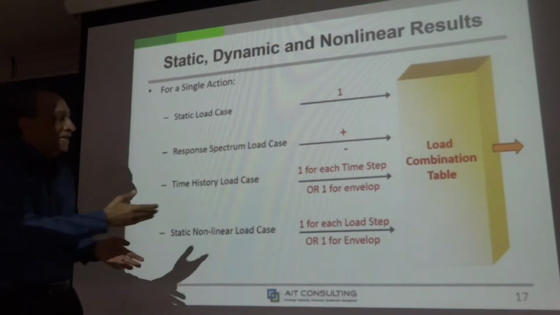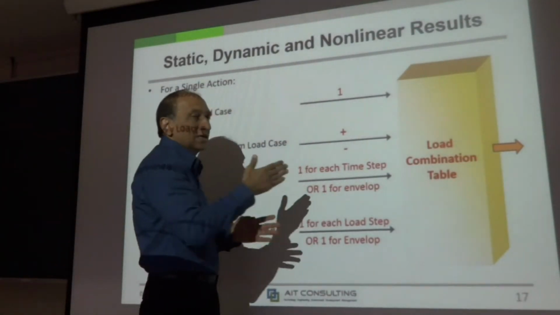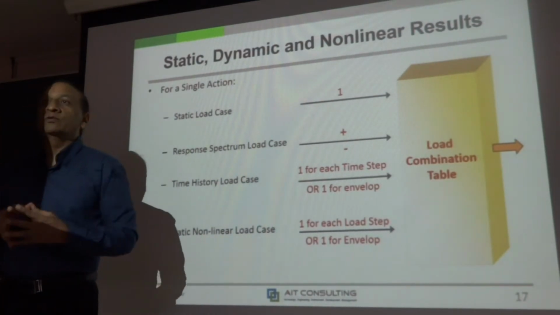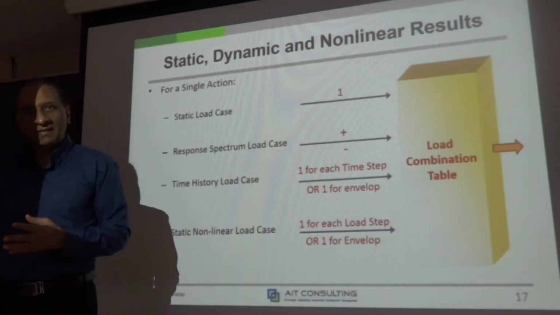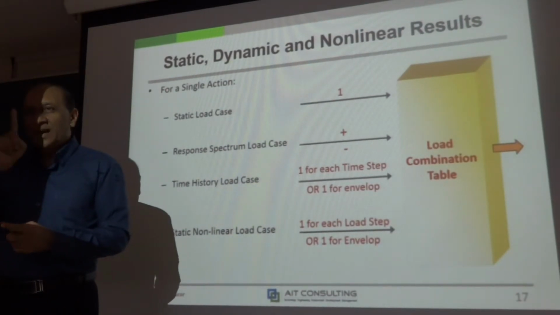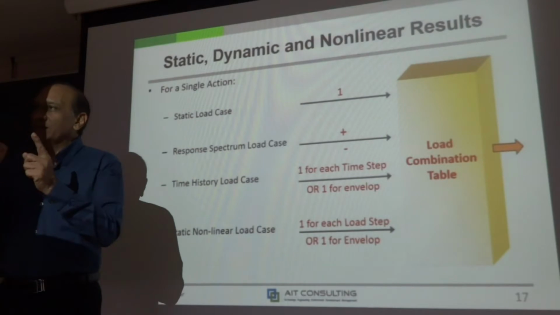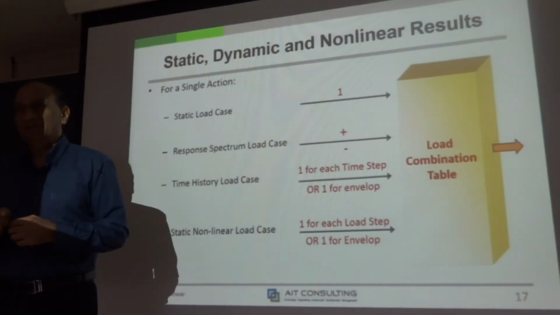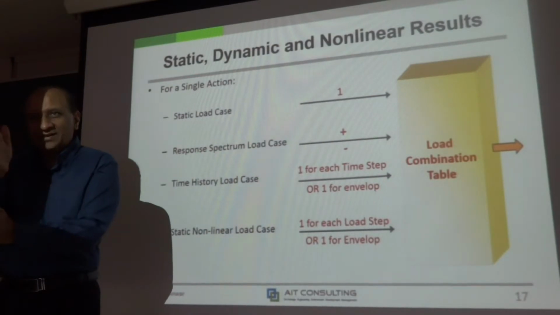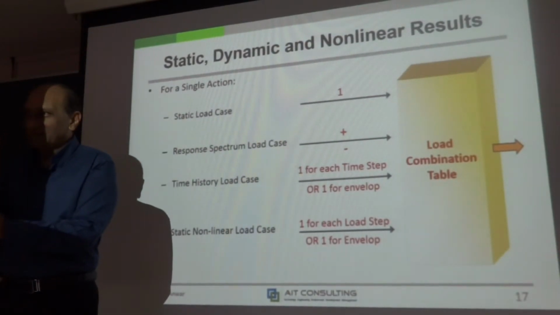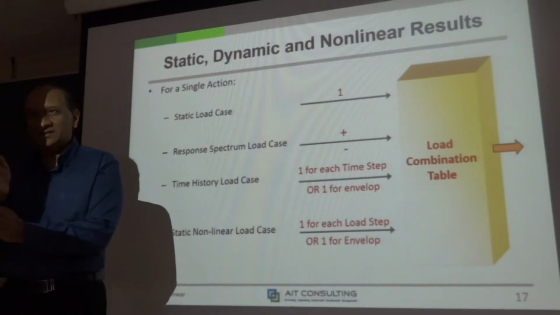The problem with the envelope is that, let's say later we are going to design a column for Mx, My and P. The maximum P, maximum Mx and maximum My will not occur at the same time. So now you are trying to combine 3 numbers which actually never occurred together. That makes it incorrect.